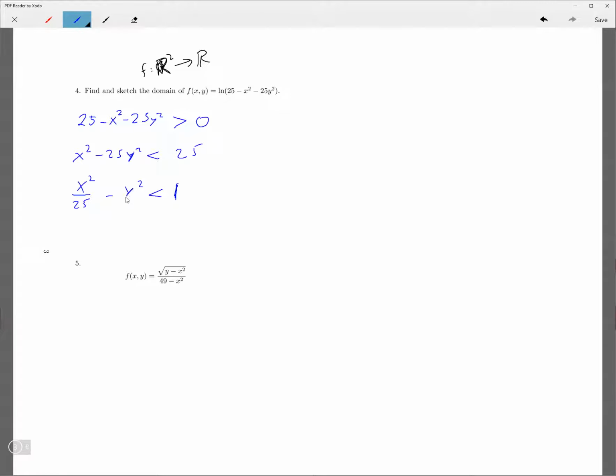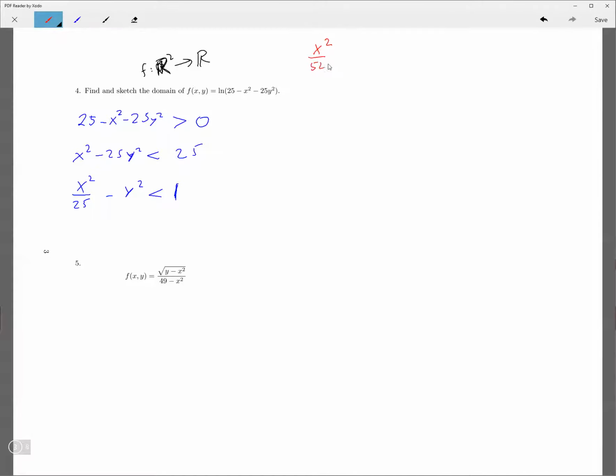No, there's a couple of problems with it. To be a circle, it has to be x squared plus y squared. And it can't have one of them divided by 25 and another not. So it's not a circle. Okay, and then also this is an inequality. But what is this the graph of?